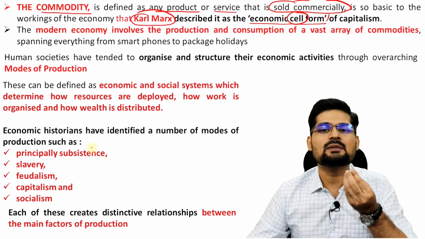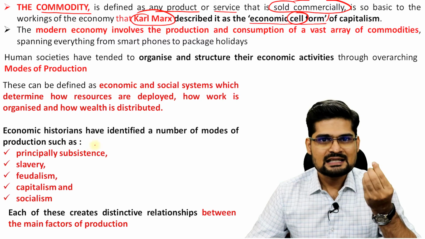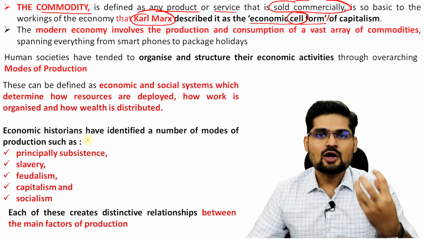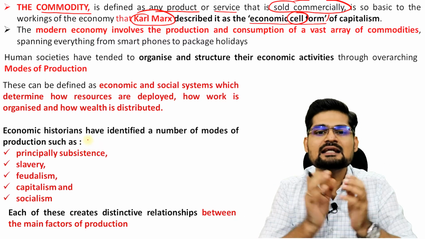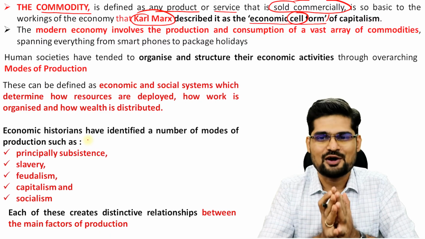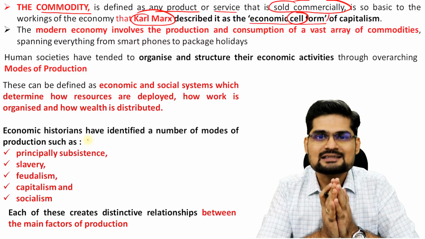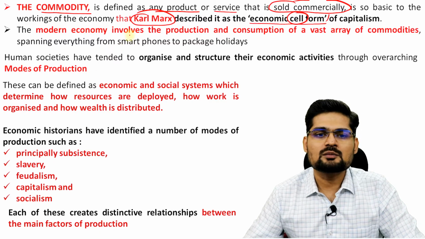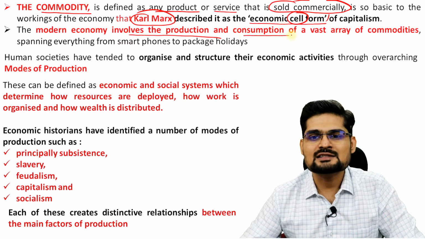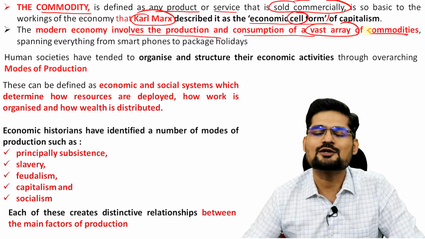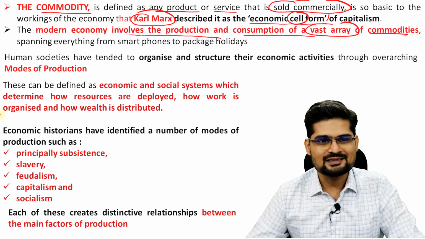Basically, the cell is the building block of the human body, if we say cellular level. So economically, if you see, the cell is what? The commodity is the cell of economy, right? In terms of capitalistic economy, what Marx described. So the modern economy involves the production and consumption of a vast array of these commodities. That is important to consider here.